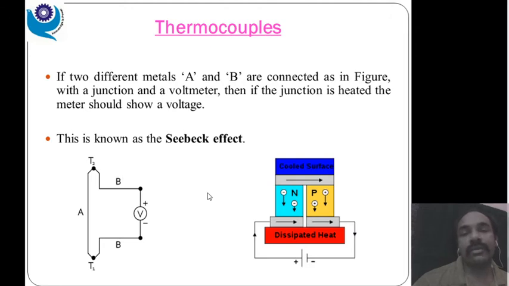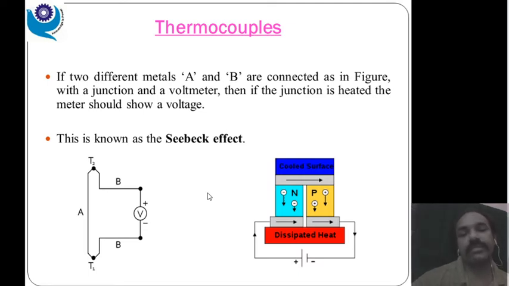From that, when we take two dissimilar metals, say silver and aluminium, and keep them at different temperatures, one junction is at the hot junction and another is the cold junction, and due to the temperature difference an EMF is induced.